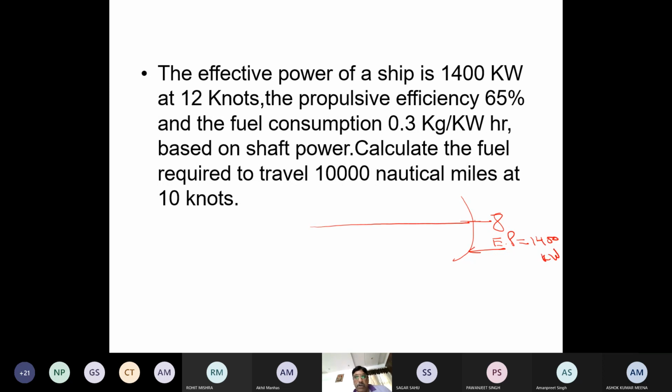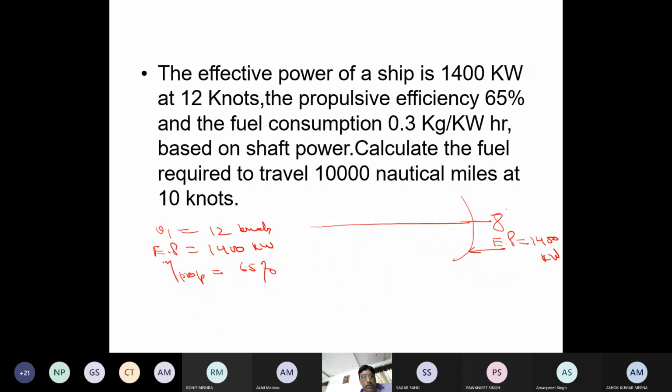Correct. So this is the power available here at 12 knots. So what is given is effective power, which is 1400 kilowatt. Efficiency, this propeller efficiency is 65%.